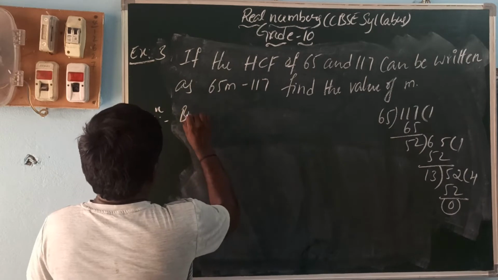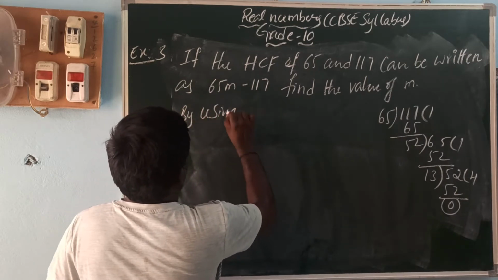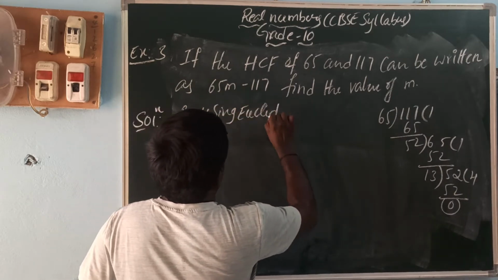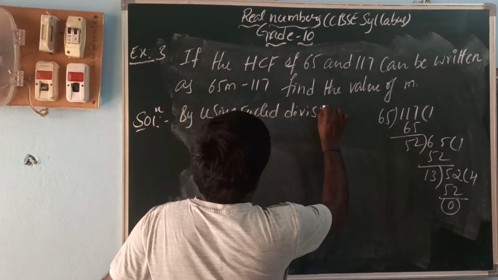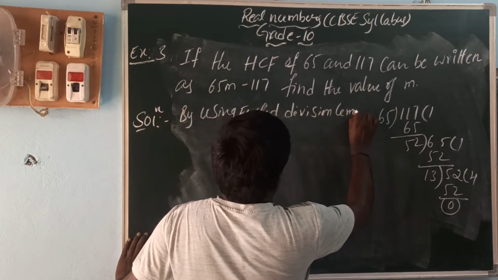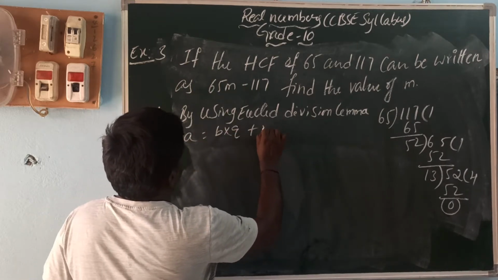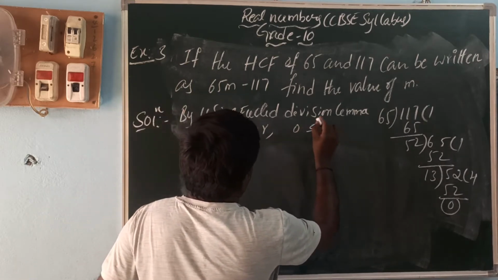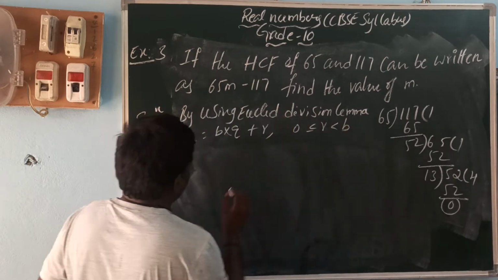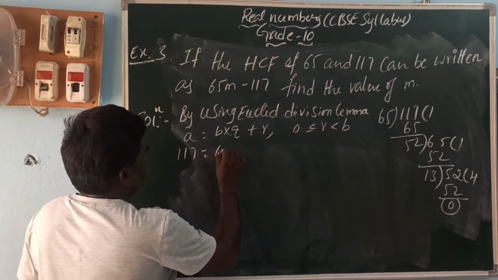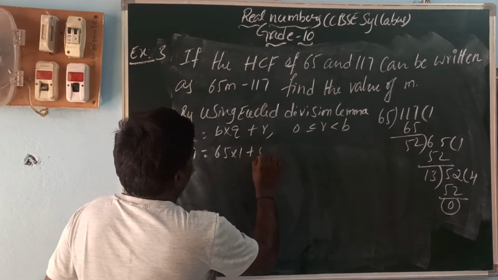So here, by using Euclid division lemma or division algorithm, A is equal to B into Q plus R, where R is greater than or equal to 0 and less than B. So here 117 is equal to 65 into 1 plus 52.